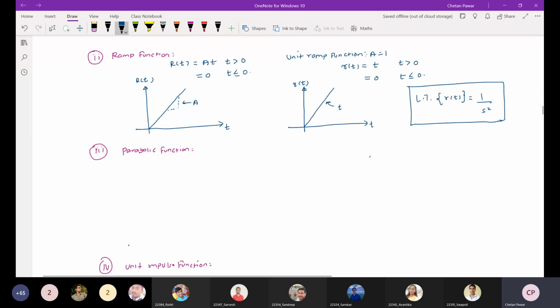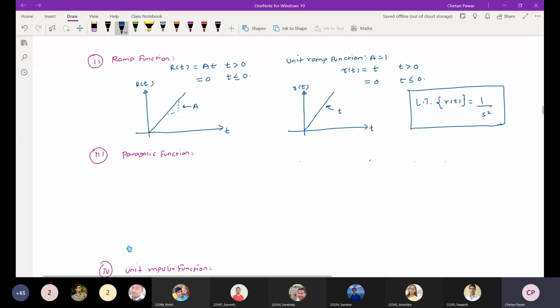Then the parabolic function. Can anyone help me? What is a parabolic function?